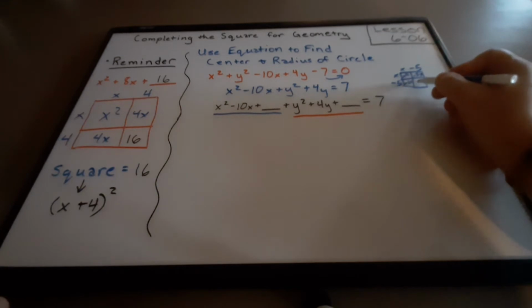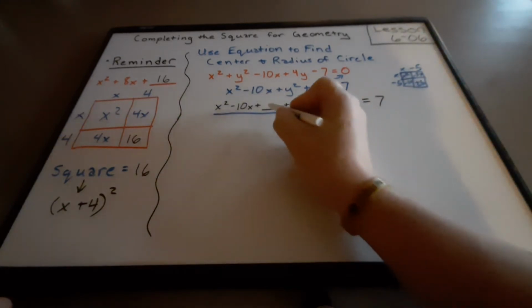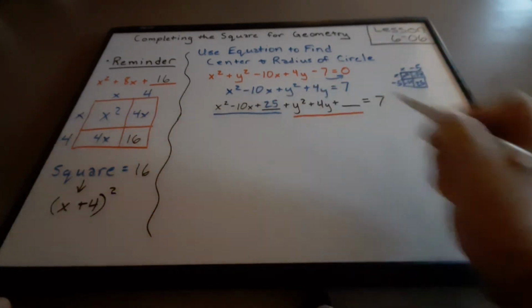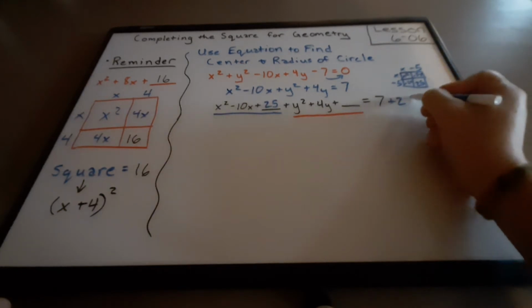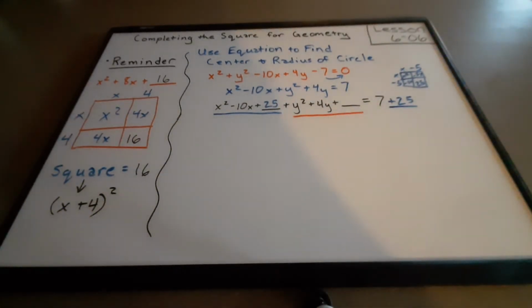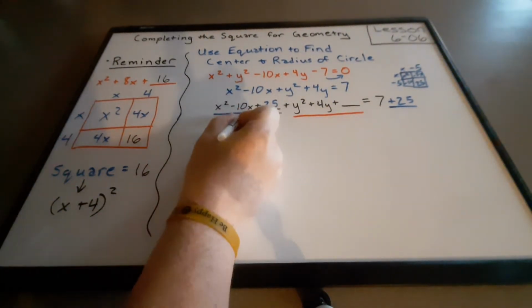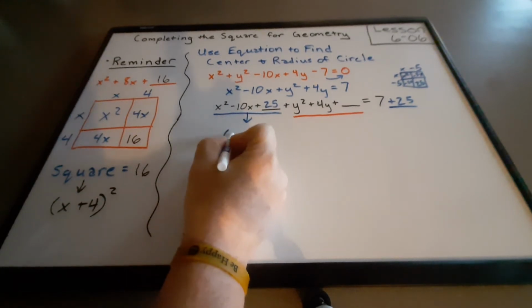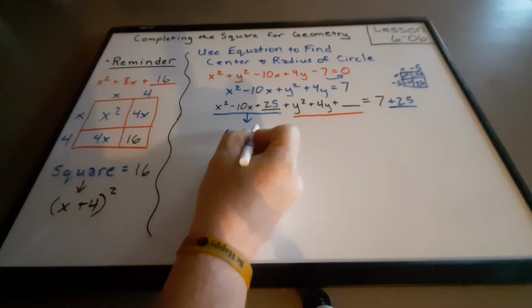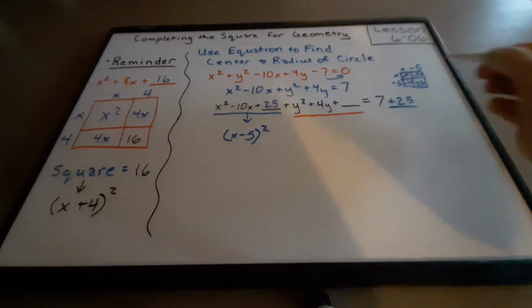Negative 5 times negative 5 gives us positive 25. So we're going to add 25 right there. We have to remember to add it on the other side also. Got to keep symmetry, got to keep things equal. The important part here is this becomes x minus 5 squared.